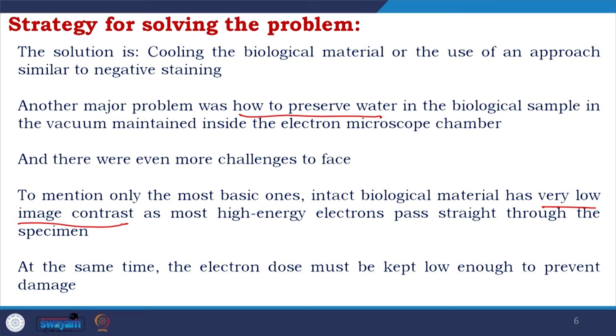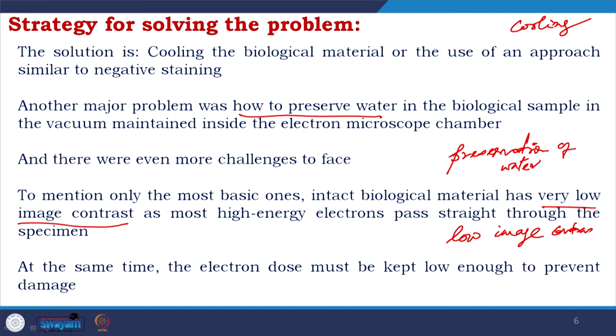So, one, preservation of water is a challenge. A solution was cooling. And then, the biological sample has low image contrast, and electron dose is important because a higher dose causes damage.